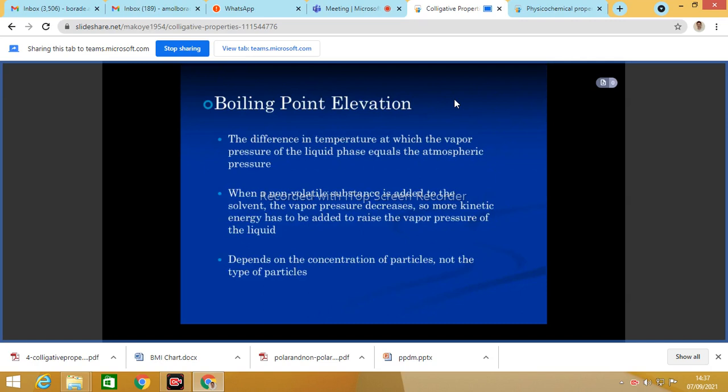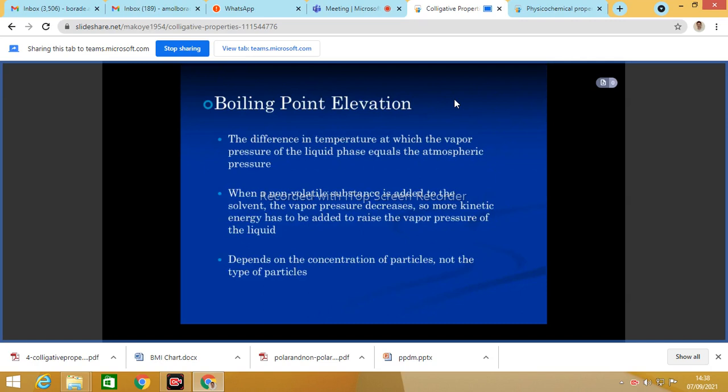Earlier, when 100 degrees Celsius was reached for the second beaker, the vapor did not come out constantly, so we cannot call it the boiling point. We call it the boiling point whenever the vapors come out regularly, and that is happening with the second beaker at 101 degrees Celsius.